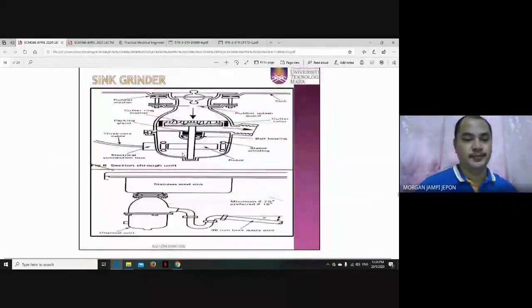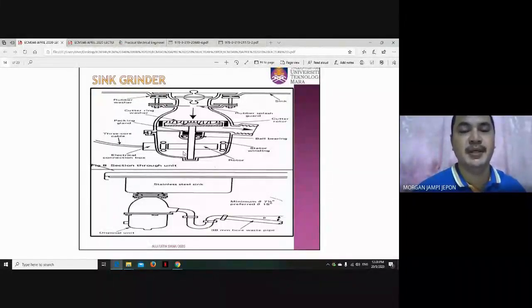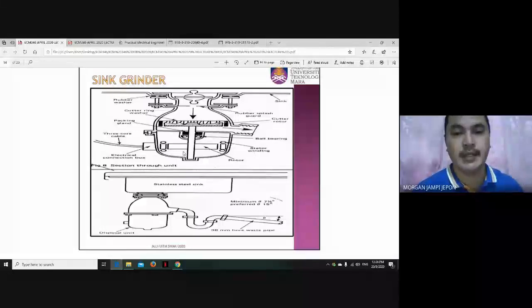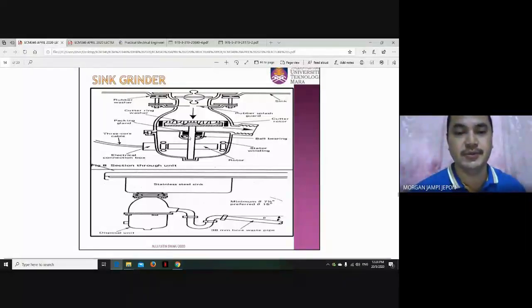Move on. This one is called a sink grinder. A sink grinder may be incorporated or combined with the Garchi system because it grinds the rubbish into small particles. The grinder is placed below the sink.